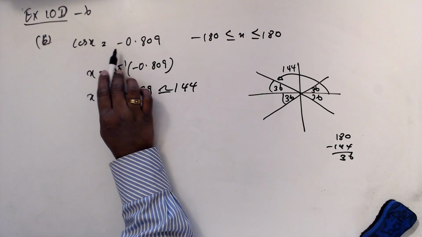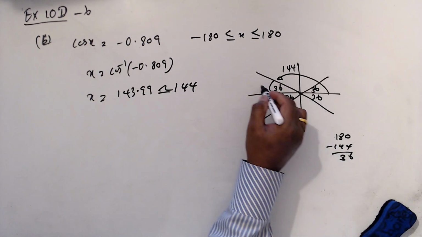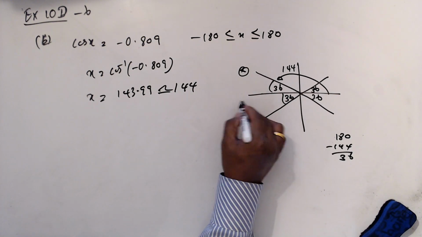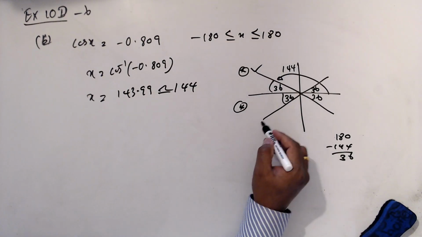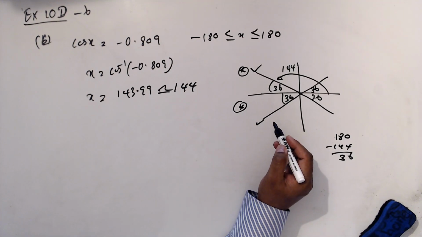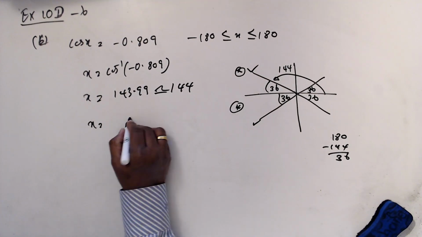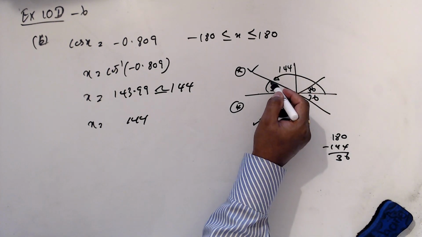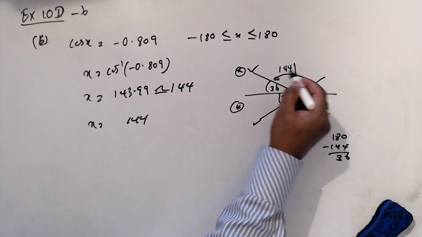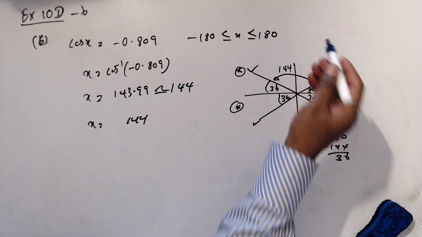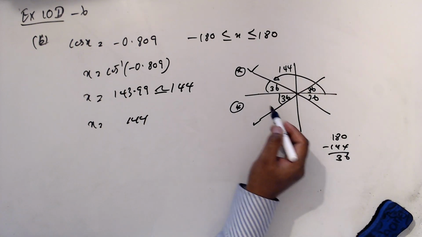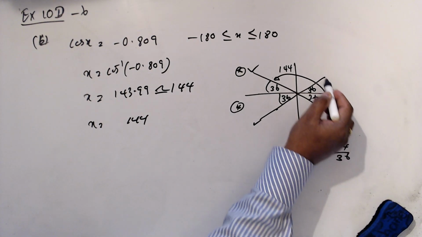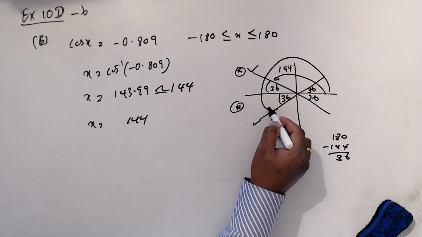Cos is negative in the second and third. So we want to use these two angles. So x equals 144 is already one answer. It is in between. There's no point of going another 360 because it goes over. Now we'll go to this one from here to here.